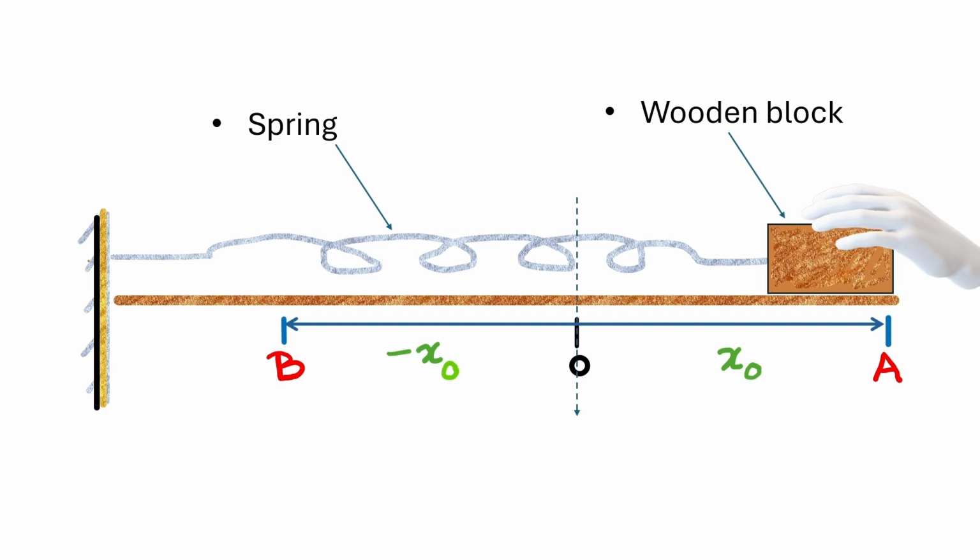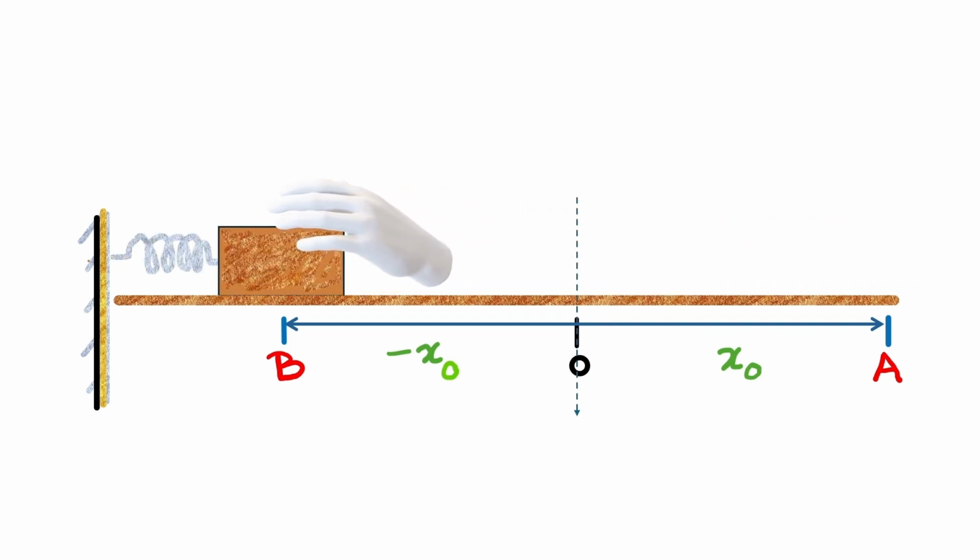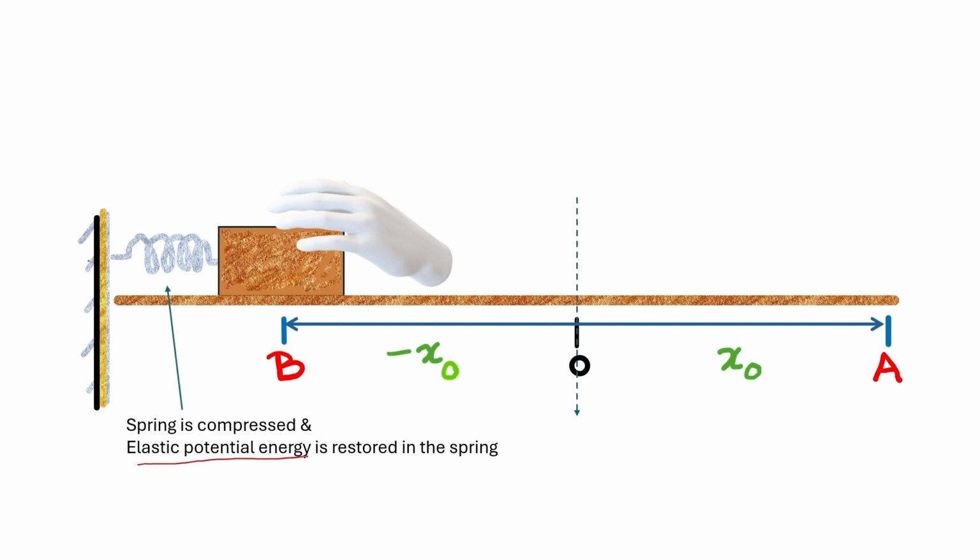The block is pushed to point B, the leftmost extreme, and its amplitude is minus x naught. When this is done, the spring is compressed, and elastic potential energy is stored in the spring.